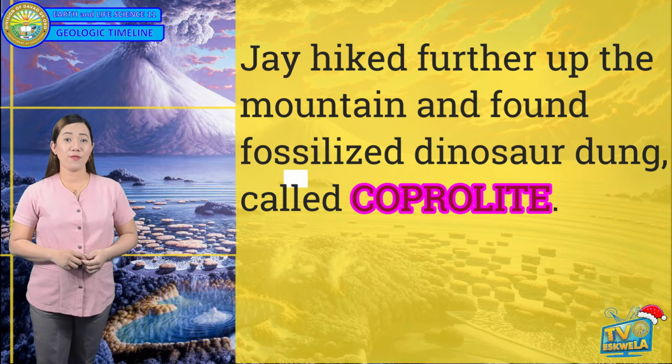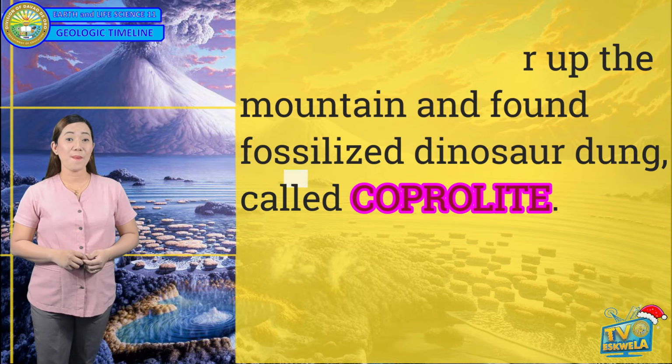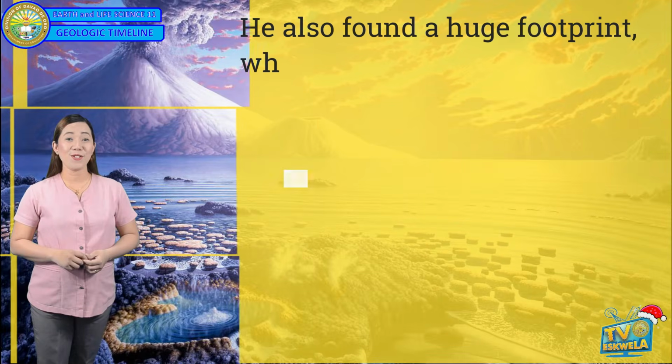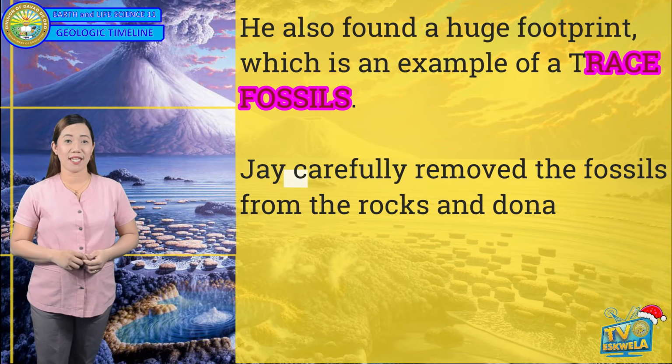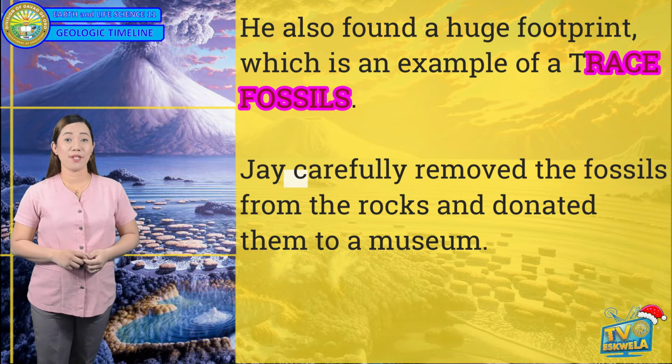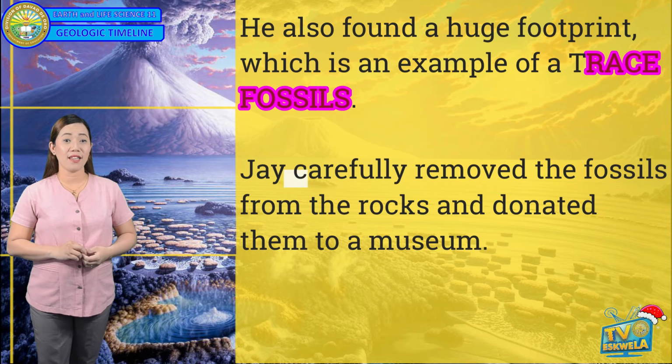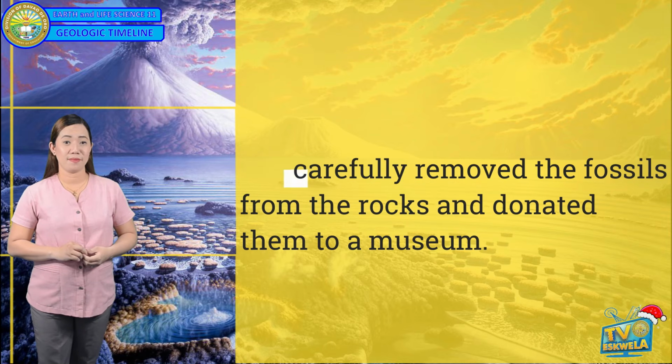Jay hiked further up the mountain and found fossilized dinosaur dung called coprolite. He also found a huge footprint, which is an example of a trace fossil. Jay carefully removed the fossils from the rocks and donated them to a museum.